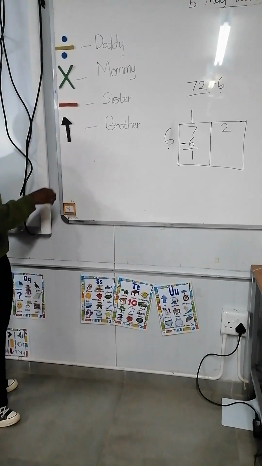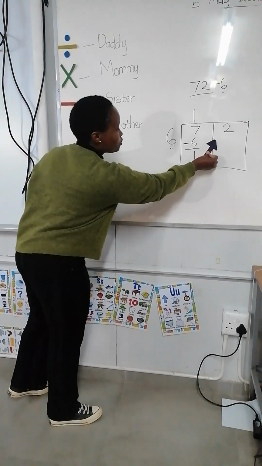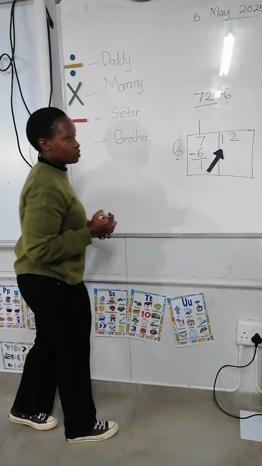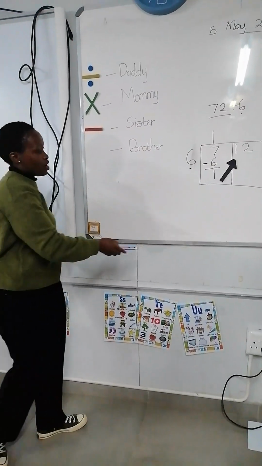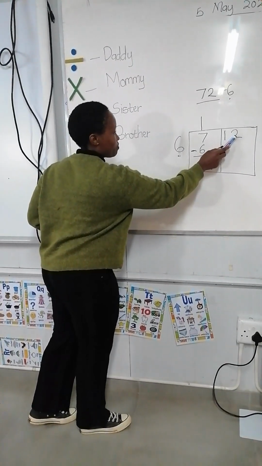Now we are bringing down. We are going to take this 1 and bring it next to the number 2. Do you see? We are going to take this number 1 and bring it next to number 2.